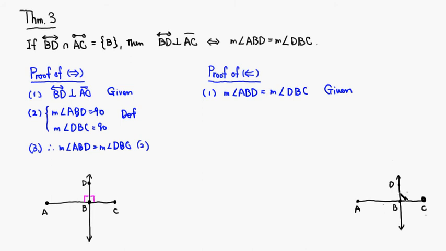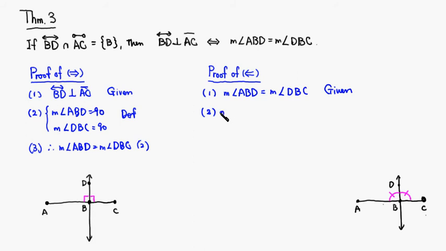So we know that this measure is equal to that measure right there, right? But we notice that since the angle ABD and the angle DBC are a linear pair, so 2, we know that they are supplementary.